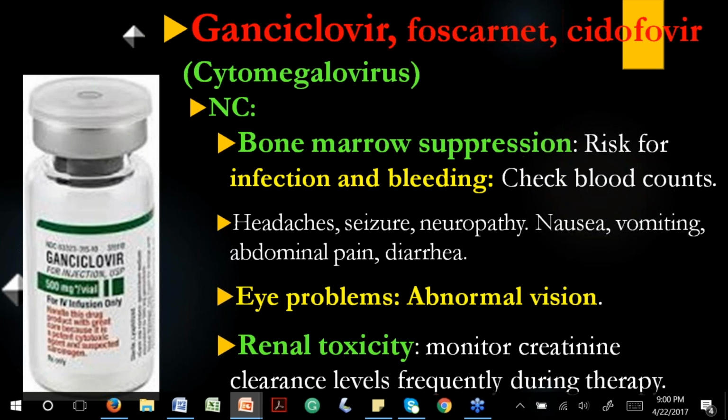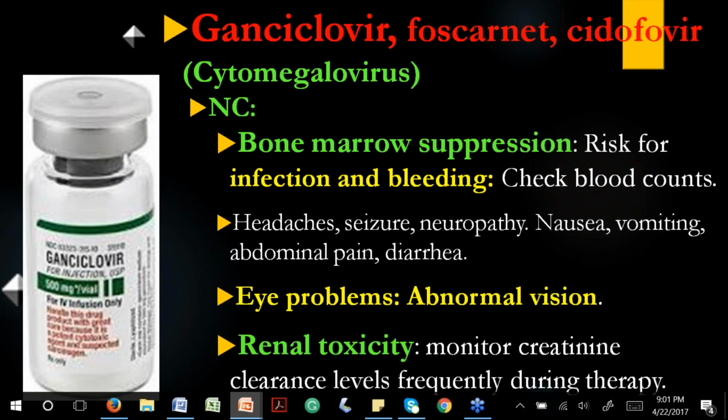Okay, another thing that we need to remember is cytomegalovirus retinitis. That is something you need to be aware of. It is not a side effect of the medication, but one of the complications of the disease itself.